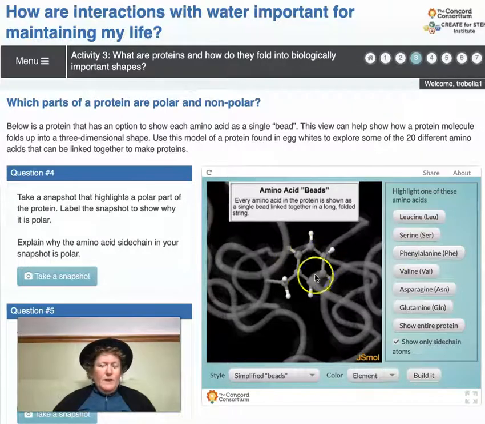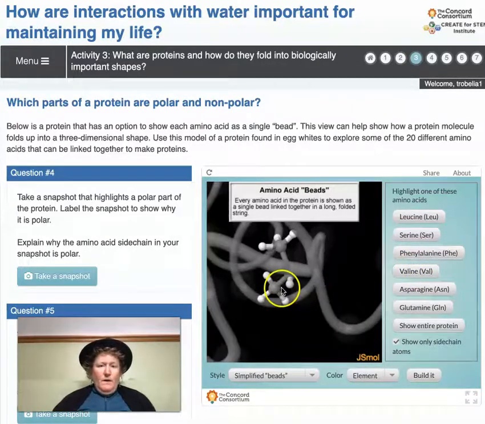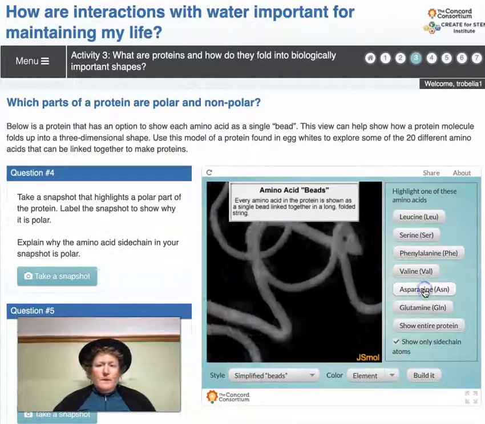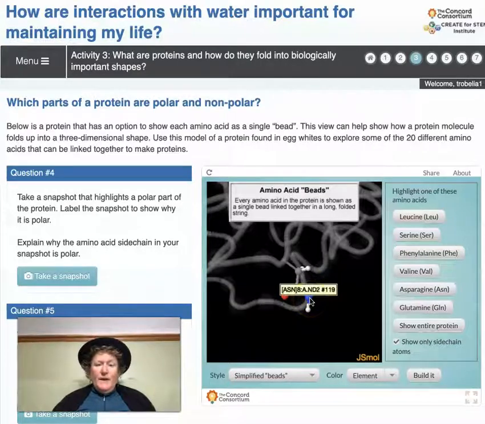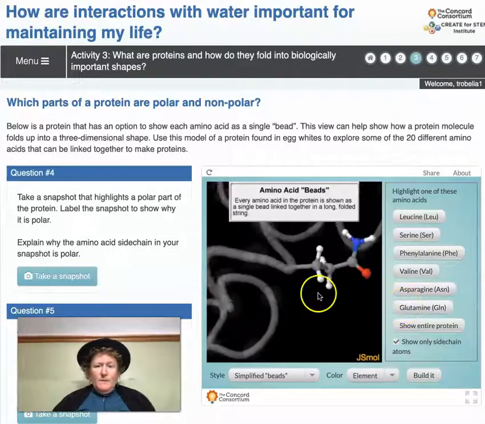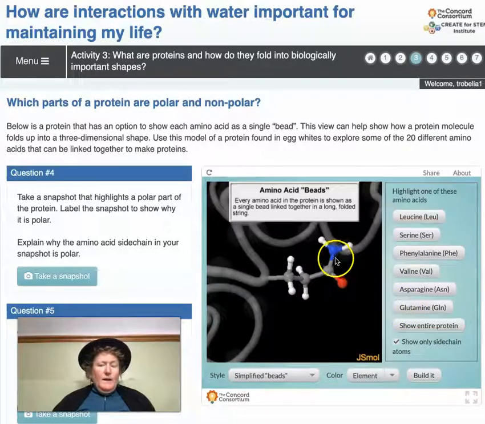Phenylalanine looks pretty nonpolar. It's all carbon, it's sharing. Valine, all carbon, sharing equally. Asparagine, it's got an oxygen and a nitrogen in there. I bet that's polar. Glutamine, nitrogen and an oxygen again, probably polar.